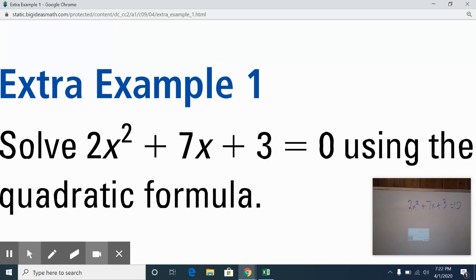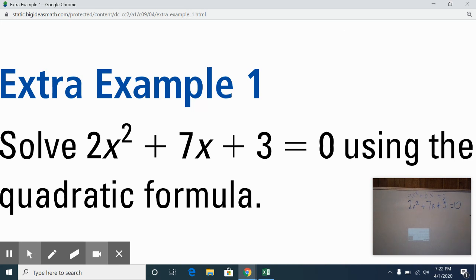All right, so is it in the right form? Yes, it is. Remember, my form is ax squared plus bx plus c. Okay, so essentially 2 is a, 7 is b, 3 is c.